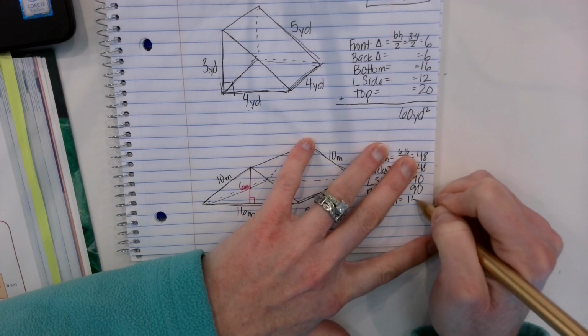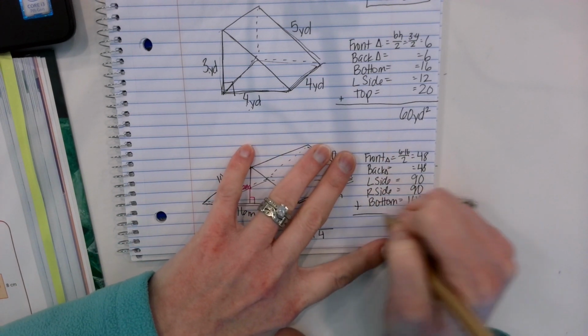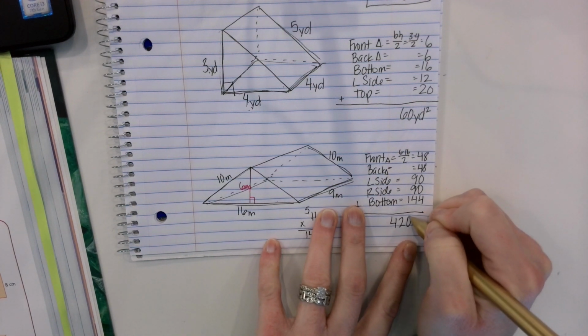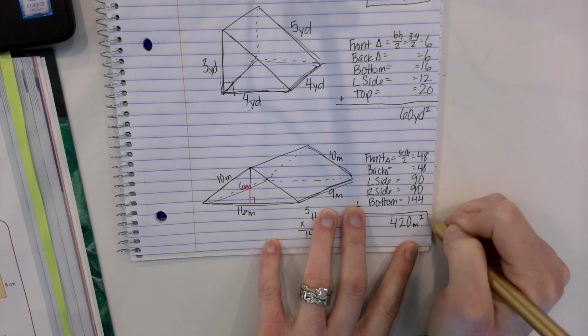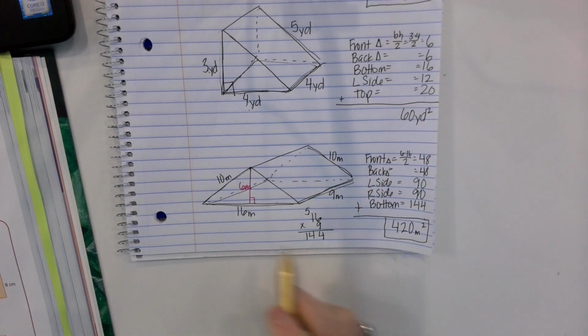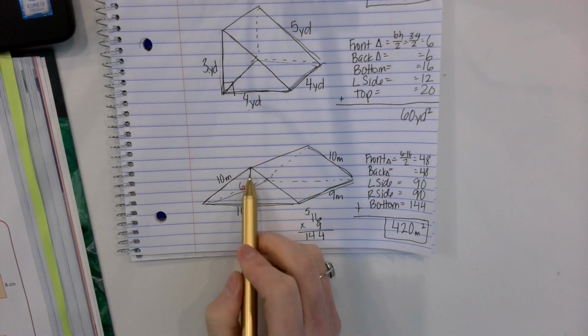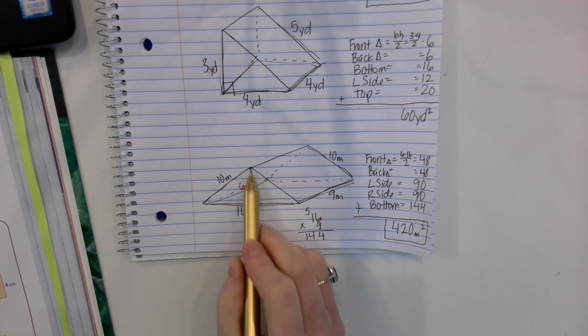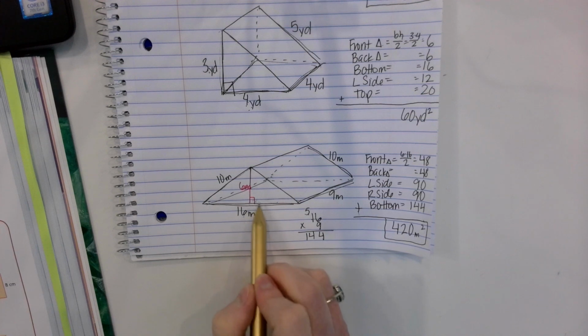So 144. Now I add all those together and I get 420 meters squared. So these were like the other 3 that we just did, except you had to use a different measurement for that height, because for a triangle, base times height divided by 2, you're always looking for that right angle.